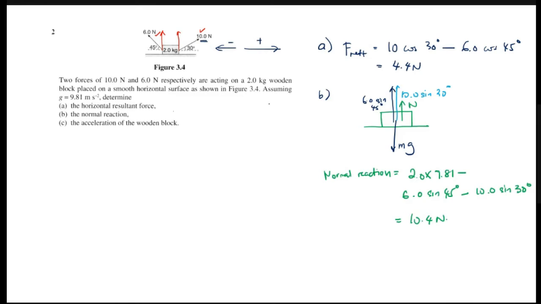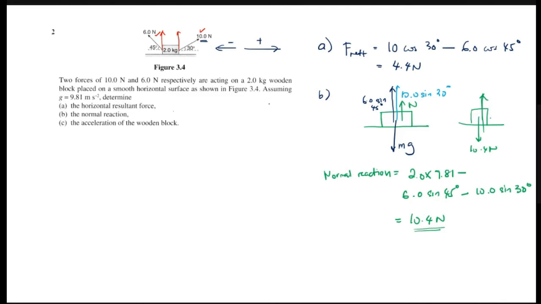So this one is actually pointing downwards, because how much is pushing downwards equals how much is pushing upwards. Both of them should be the same, only the direction differs. So the resultant is 10.4 Newton pushing downwards.